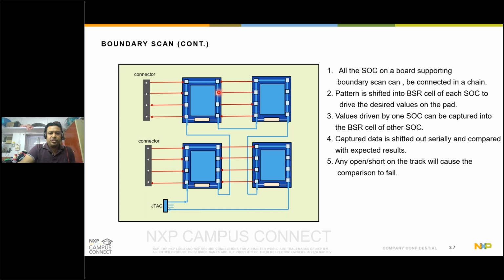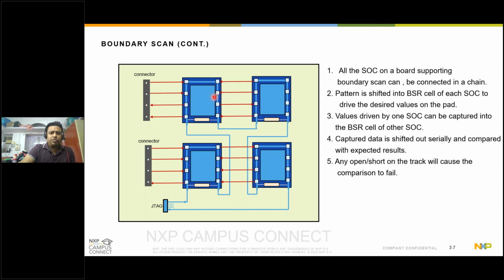Once I've captured this response, I can shift out my captured response serially through all of these SOCs, and I can do the comparison in the controller with the expected data. While doing a comparison for this particular BSR cell or pad, my pattern is going to fail.